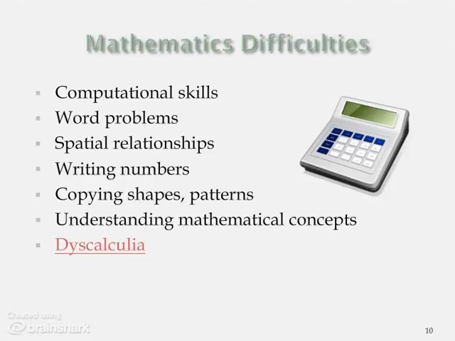So within mathematics, they're still going to have strengths. They may be great at spatial relationships, but awful at computation. Or, great at word problems, but awful at copying shapes and patterns. That may be their weakness. So just know that each student's going to have a profile within each subject and within academics in general.